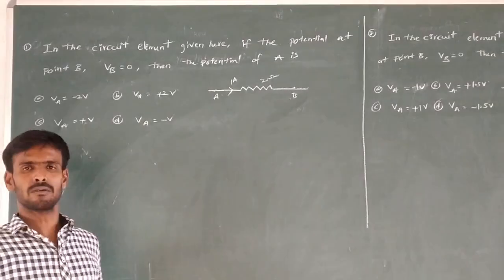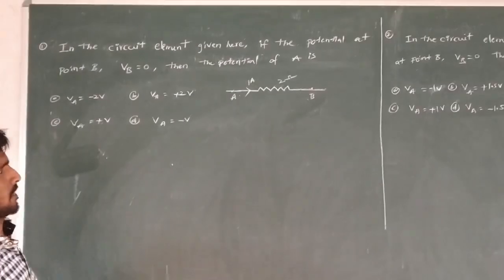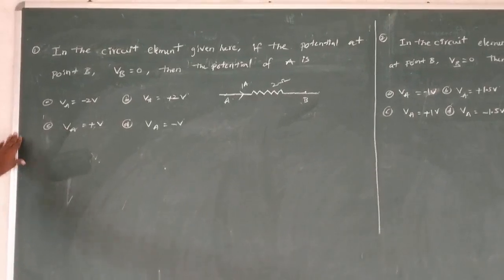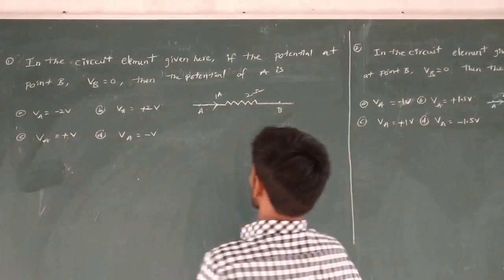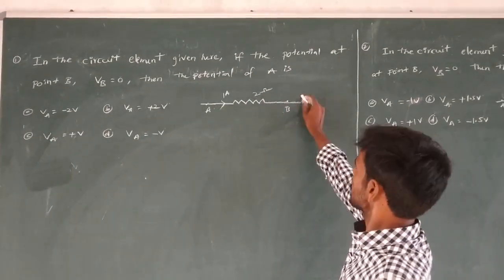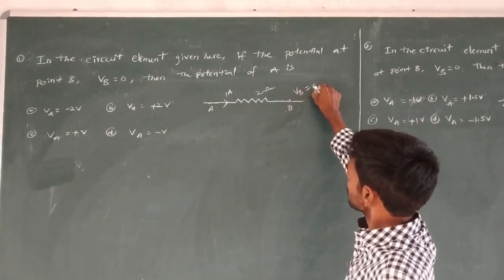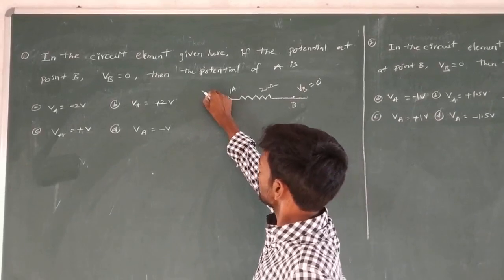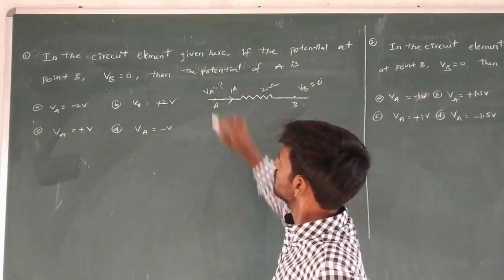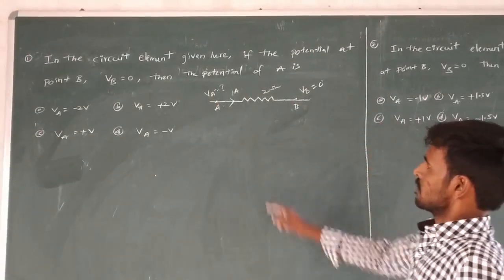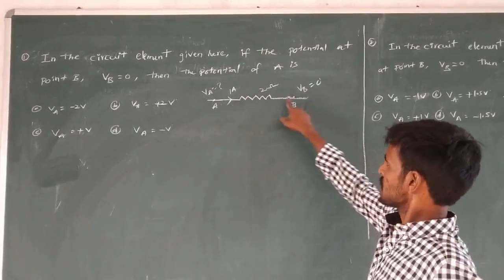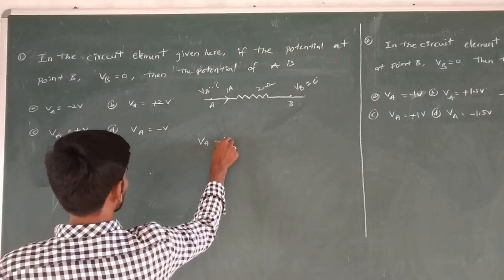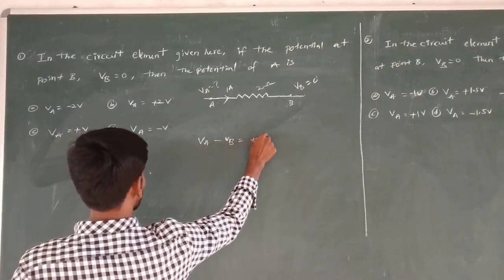Let's do some problems based on sign convention. First problem: in the circuit element given here, if the potential at point B, VB, is equal to 0, then the potential of A, VA, is equal to what? The direction represents higher potential to lower potential, so VA minus VB is equal to plus IR.